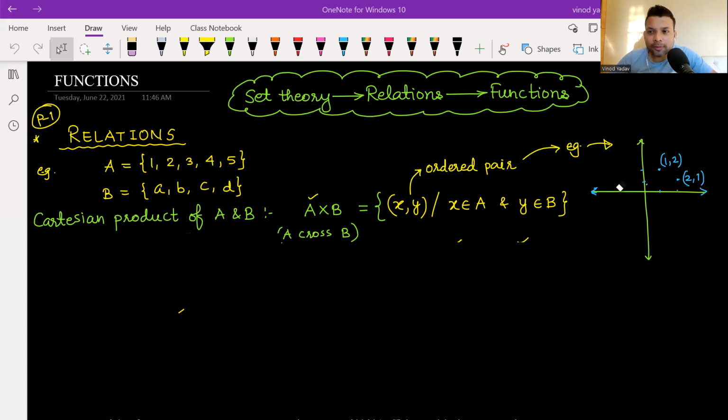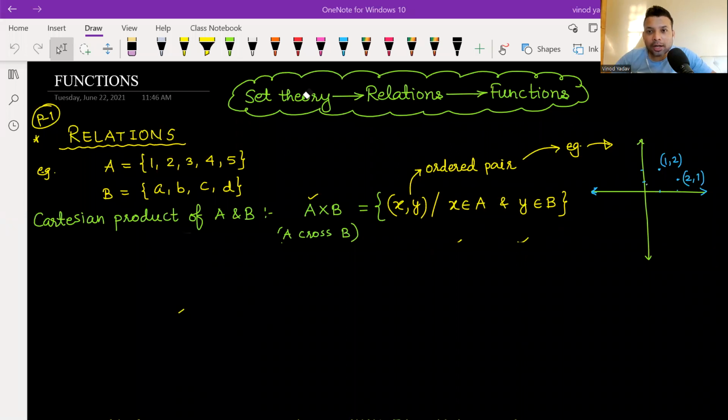Of course not, right? You can see here 1 comma 2 and 2 comma 1 are different points. So the order in which we write the values matters. In 1 comma 2, x coordinate is 1 and y coordinate is 2, and in 2 comma 1, x coordinate is 2 and y coordinate is 1. All right. I hope you all are with me till here.